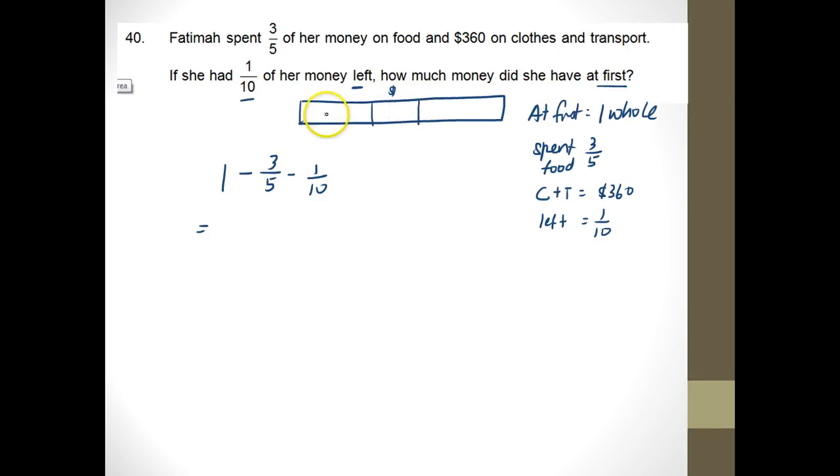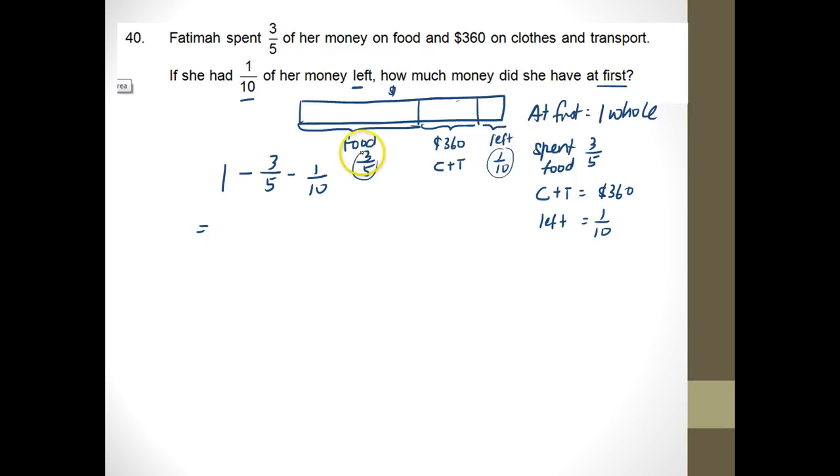This is my money spent. Sorry, I can put down here 3/5 on food, spent $360 on clothes and transport, and left 1/10. So this is a fraction, this is a fraction.